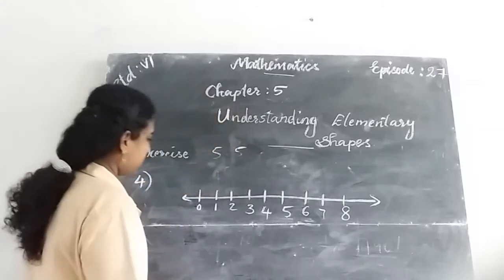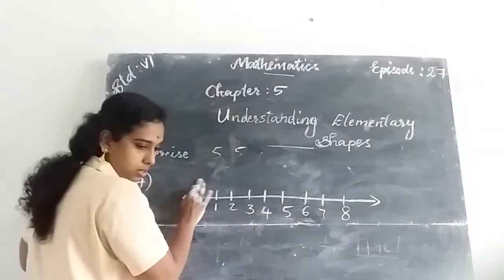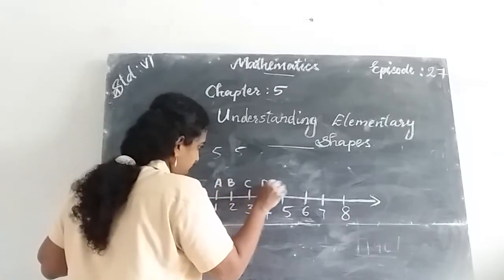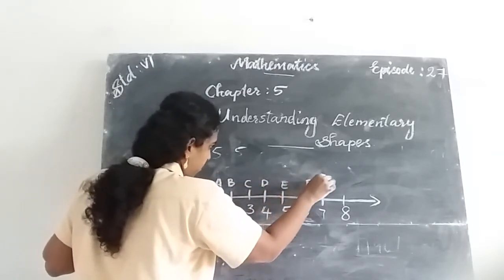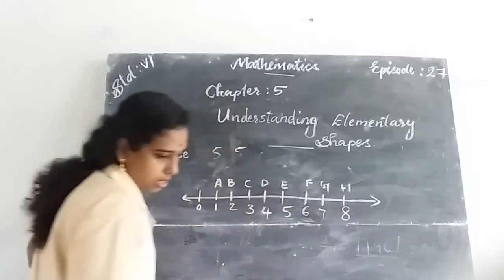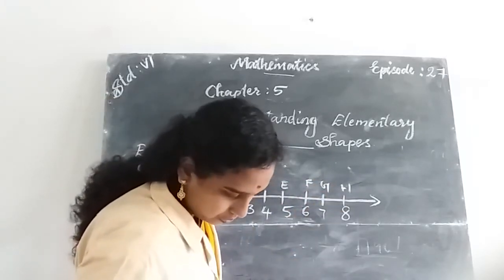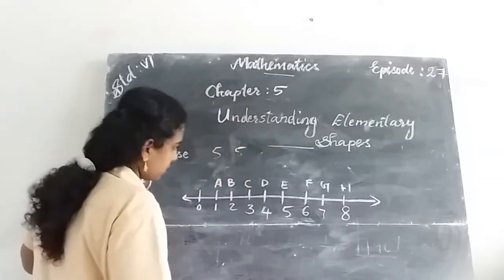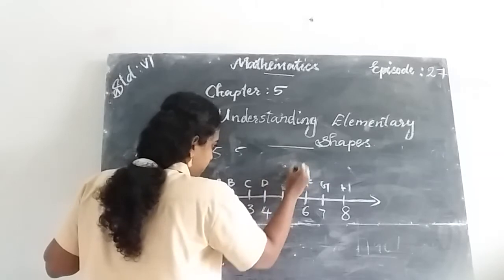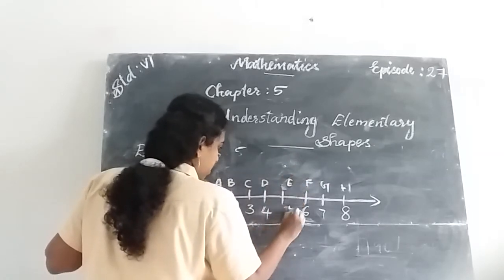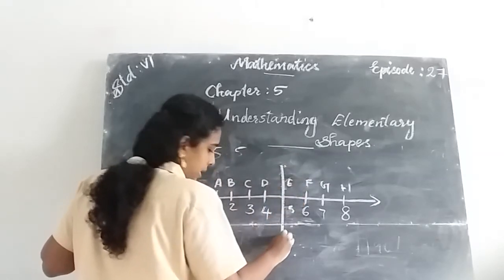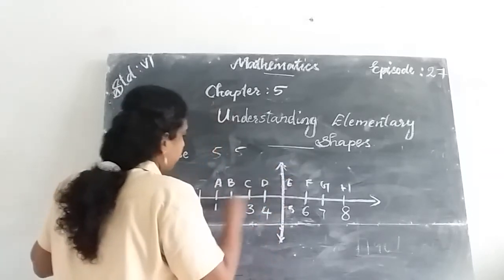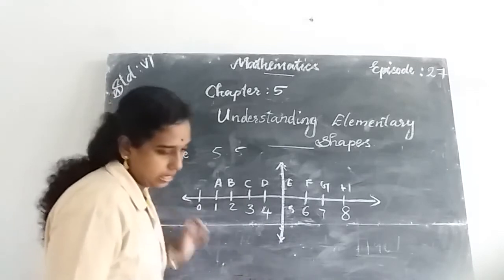And here the points are marked as A, B, C, D, E, F, G, H. And at the point E, this line is perpendicular to the line segment AH.